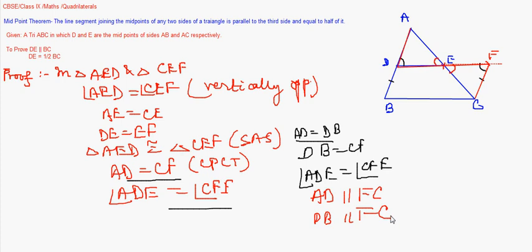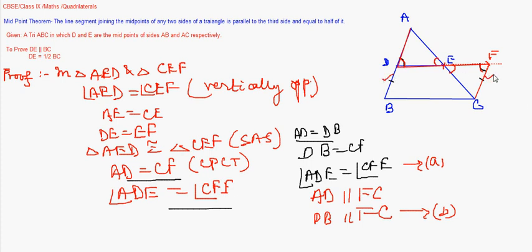I write this, we got this, this is suppose A, I also got this as B. Because we got these two angles equal, we know that DB is also parallel to CF. Therefore, DBCF is a quadrilateral such that one pair of its sides are equal and parallel as well. We have proved DB to be equal to CF.